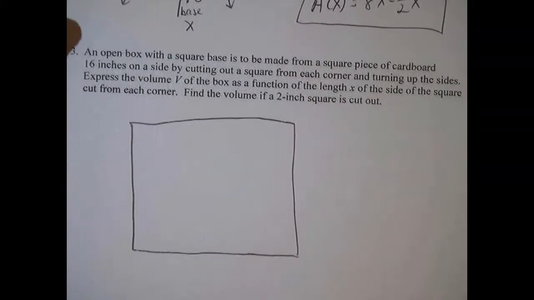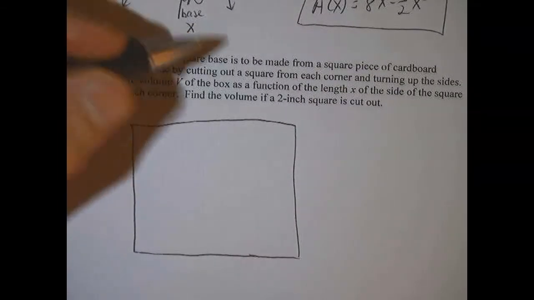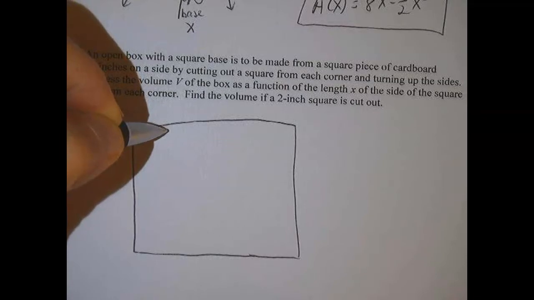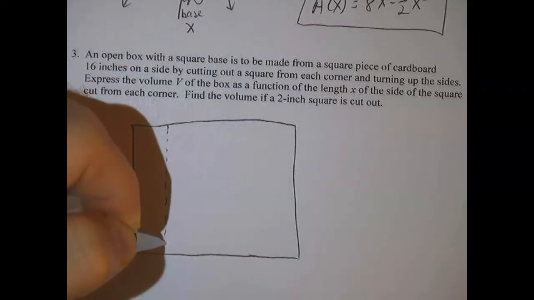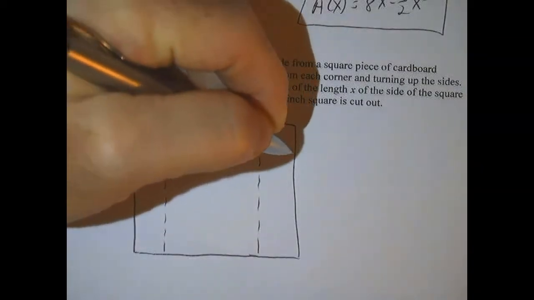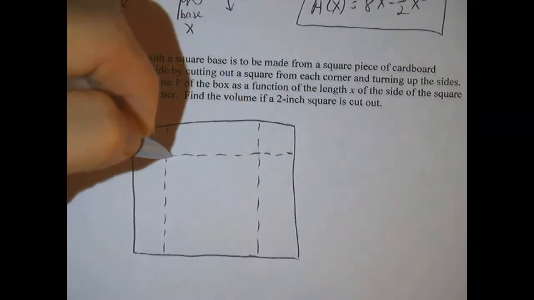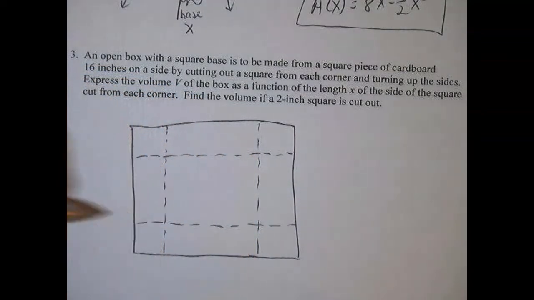And we're going to construct an open box. It's open at the top, by first cutting out some corners and then folding it up. So I'm just going to draw it like this. I'm getting these square corners, but I'm also getting the leftover fold lines.